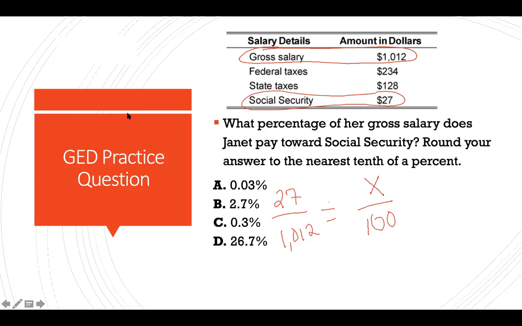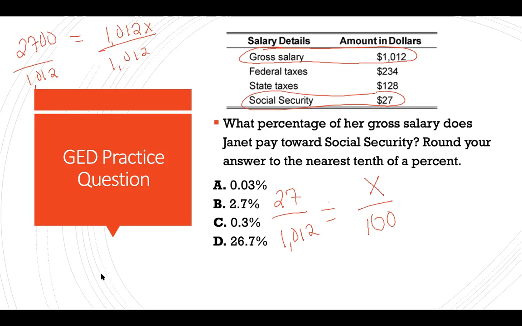to get 2,700 is equal to 1,012x, and divide both sides by 1,012. Right, so we would just do 2,700 divided by 1,012. And we would get, sorry, my marker went away.